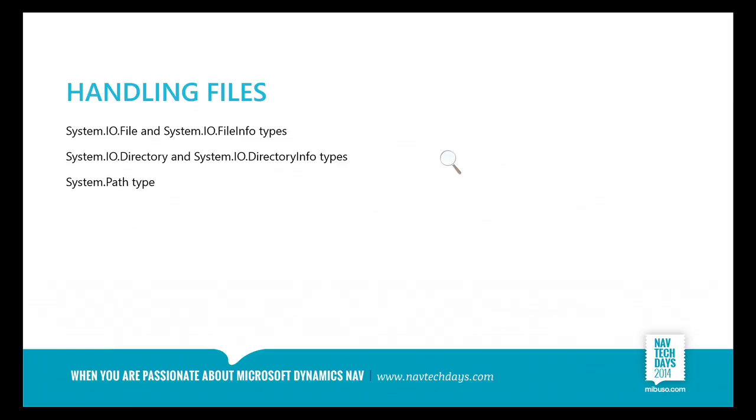And then you have System.IO.FileInfo, which provides some contextual access. If you want to repeatedly write to the same file, you can use FileInfo. Very similar with Directory and DirectoryInfo. You can create directories with a single command, and it doesn't remember any context. And then you have System.Path, which allows you to construct paths, analyze validity of paths, and similar.